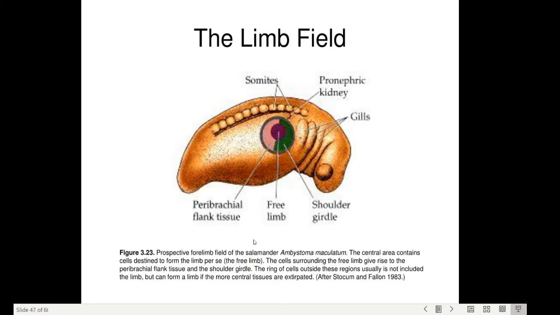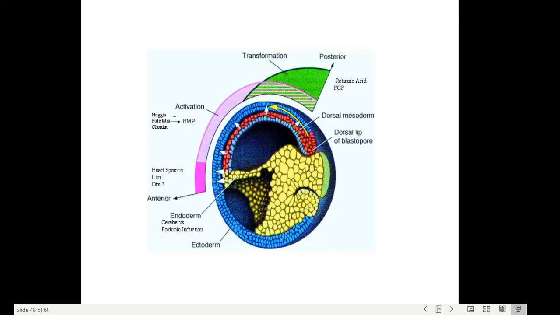In this cell development, first is somatic development, germ cell development, and limb development. Those are the development of the cells. Some important terms are there in cell development.